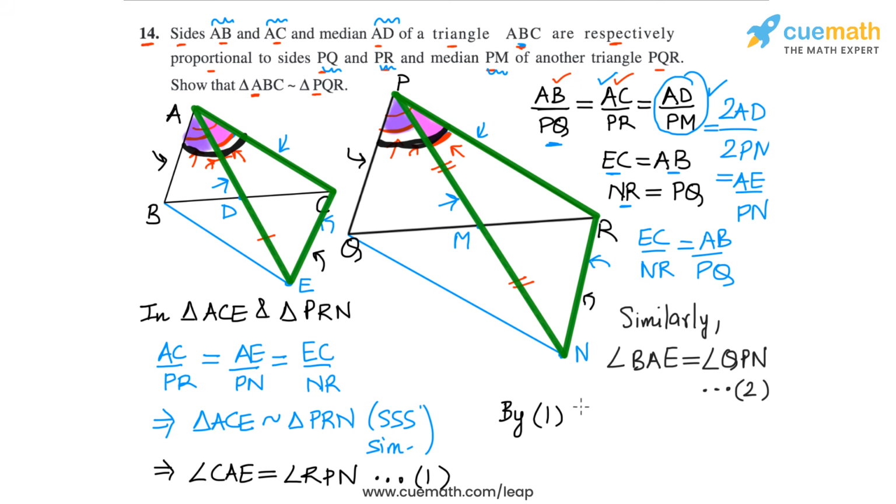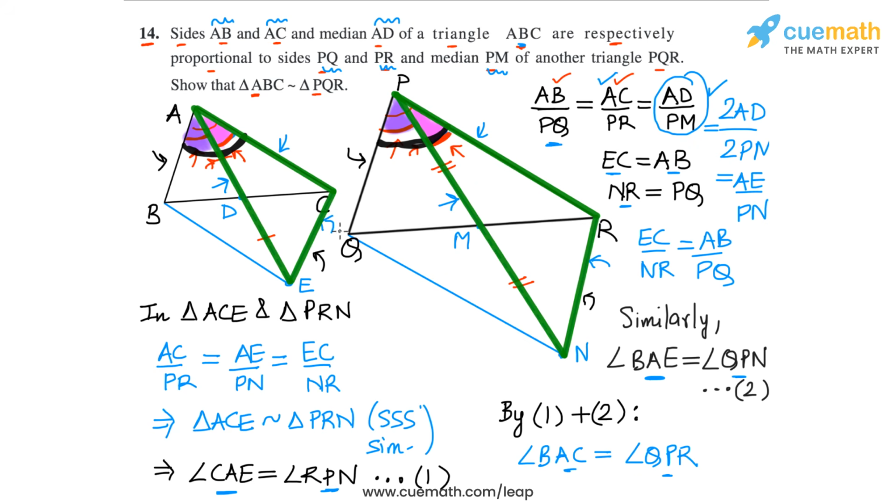So by 1 plus 2, we will get on the left side CAE plus BAE, that's angle BAC. And then on the right side we have angle RPN plus angle QPN, that's angle QPR. Okay, now that we have obtained angle BAC is equal to angle QPR, now it's easy to show that triangle ABC and PQR are similar.